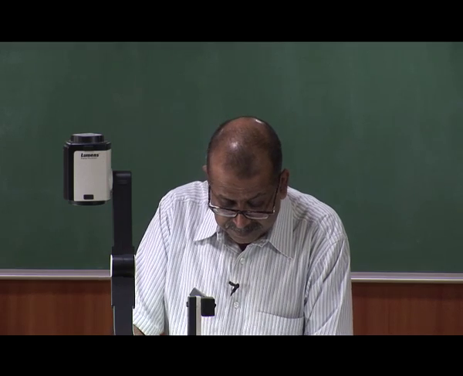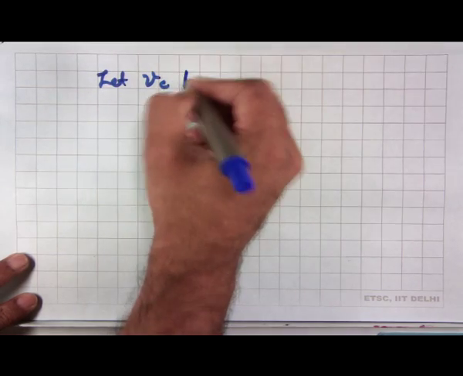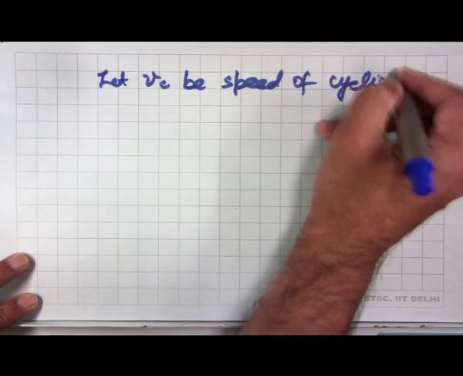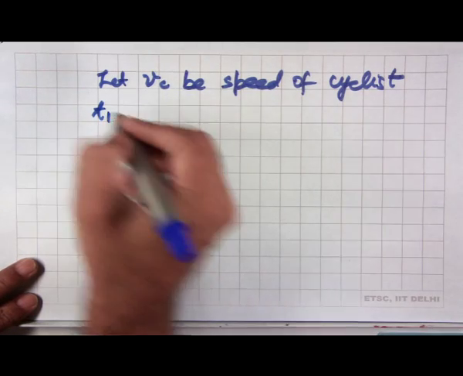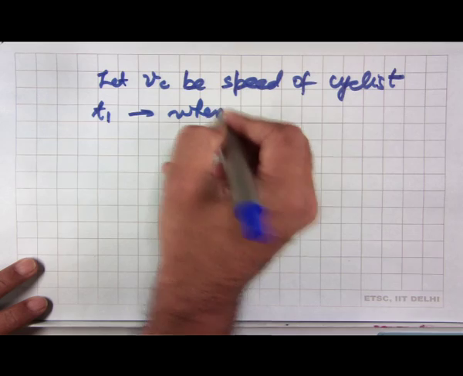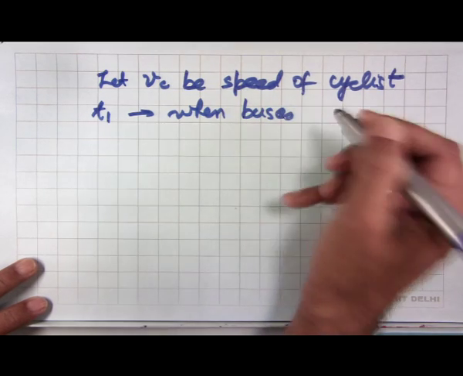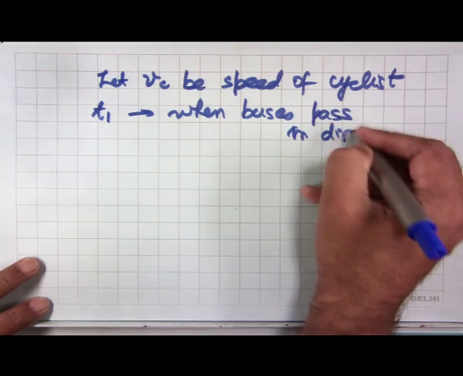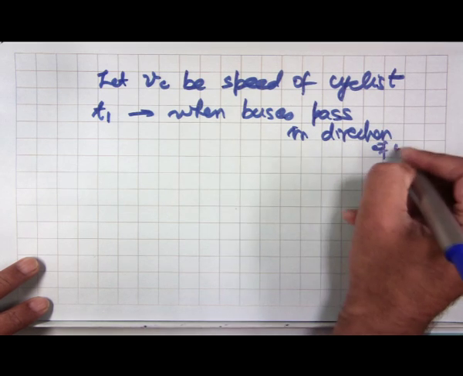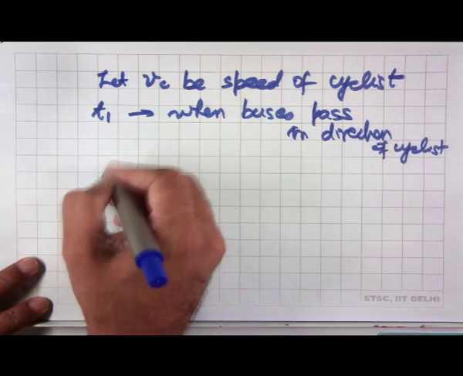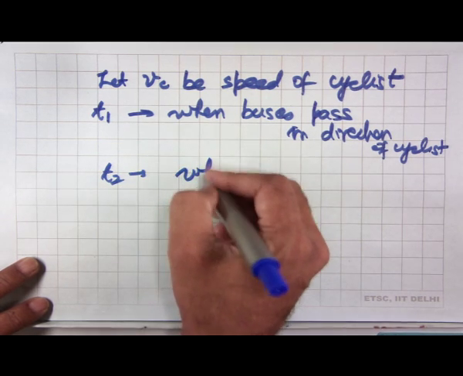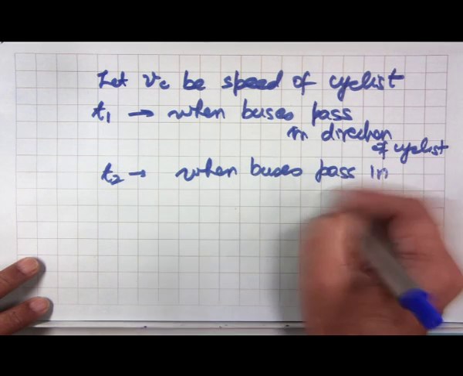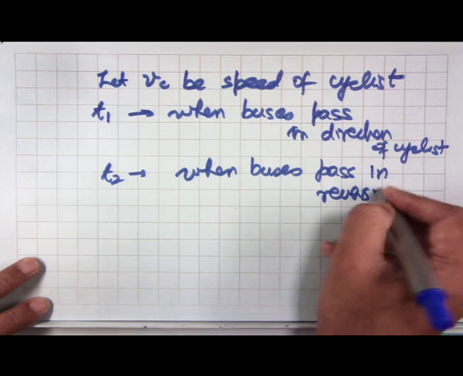So, let Vc be the speed of the cyclist. This is known to us. We also know the time T1 after which buses pass in the direction of the cyclist, and time T2 is the time when buses pass the cyclist in the reverse direction.